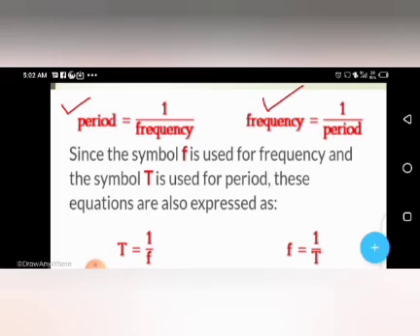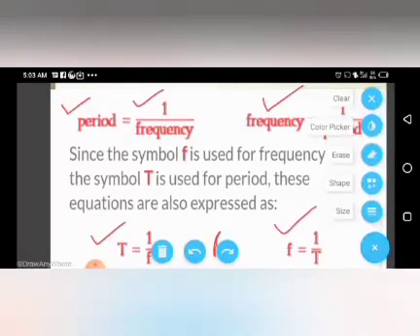Since the symbol F is used for representing frequency and the symbol capital T is used for representing time period, we can also write these equations as T equals 1 over F, or F equals 1 over T.